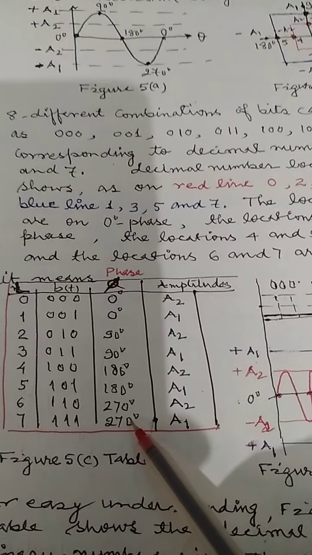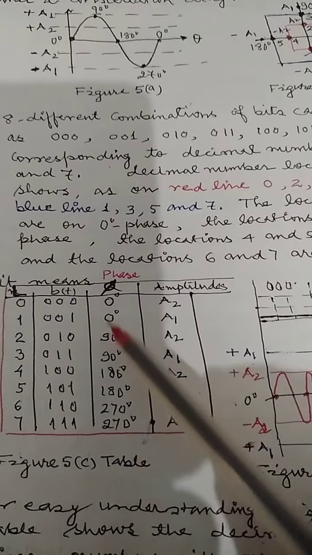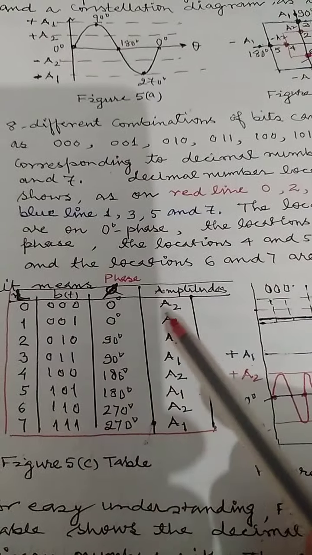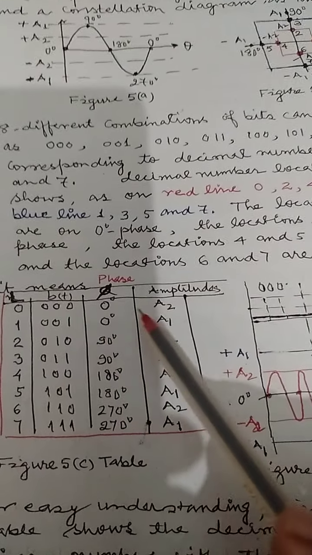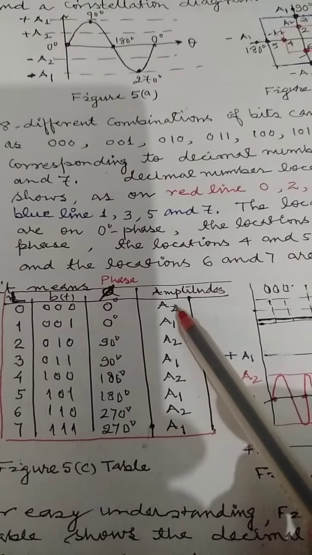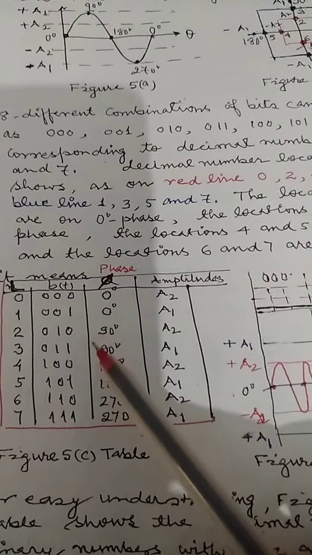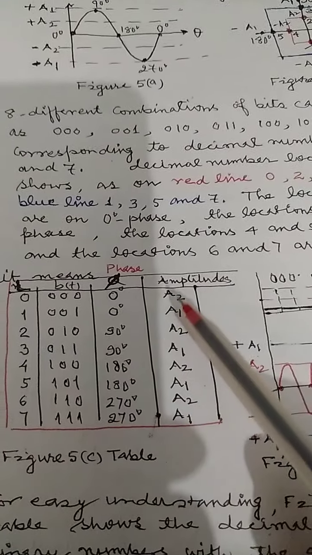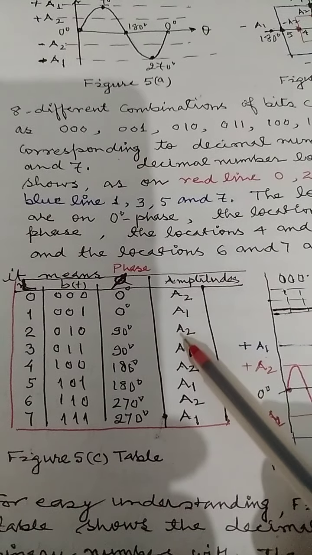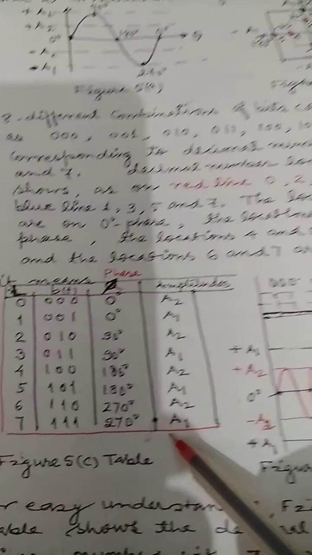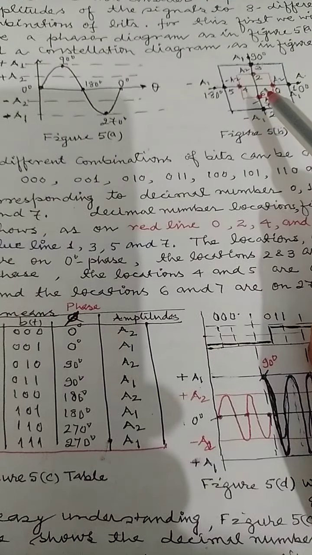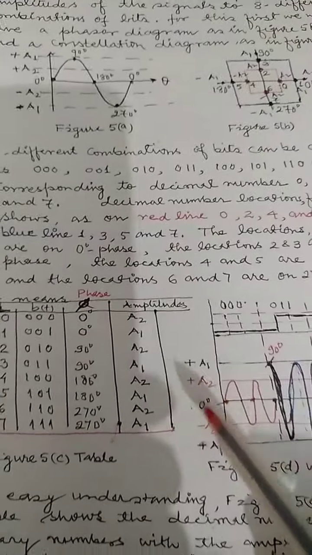Their amplitudes are written against them: 0 will have A2 amplitude and 1 will have A1 amplitude. Alternately we have A2, A1, A2, A1, A2, A1, A2, A1. So this table matches the constellation diagram, with the same states.